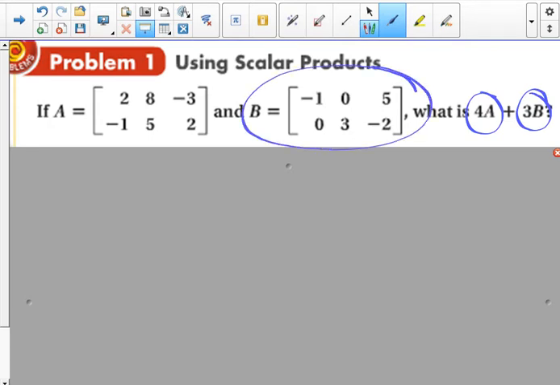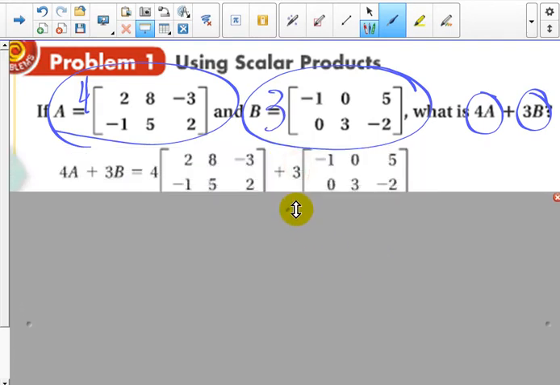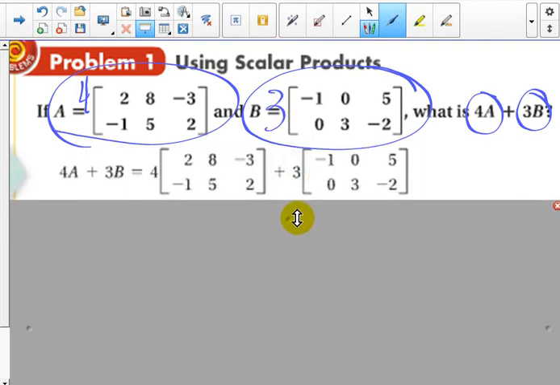Well, if that is B and this is A, then we're going to have 4 times that matrix plus 3 times that matrix. Agree? There it is, shown in the second step.